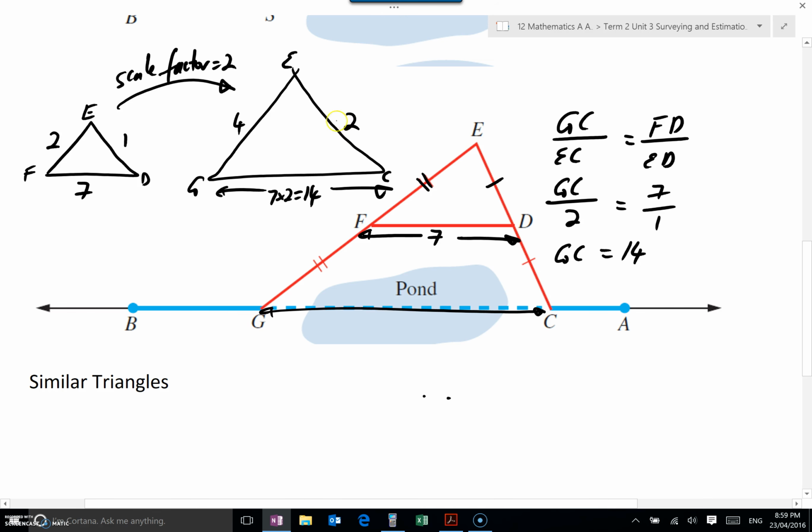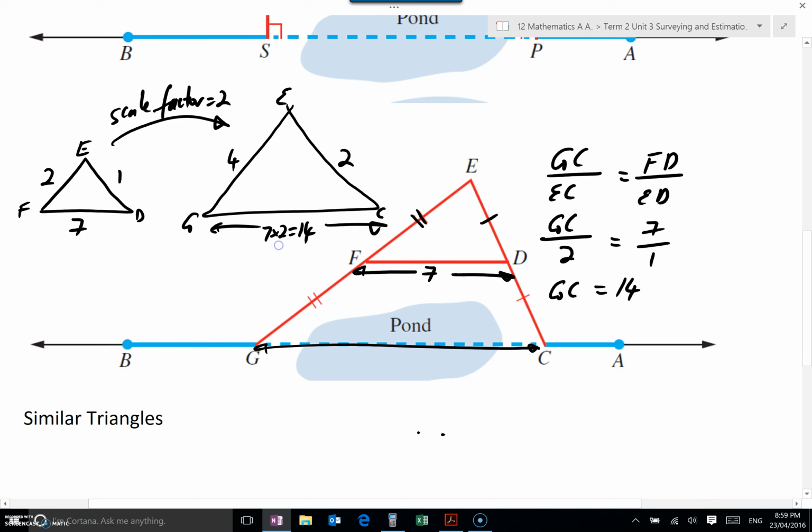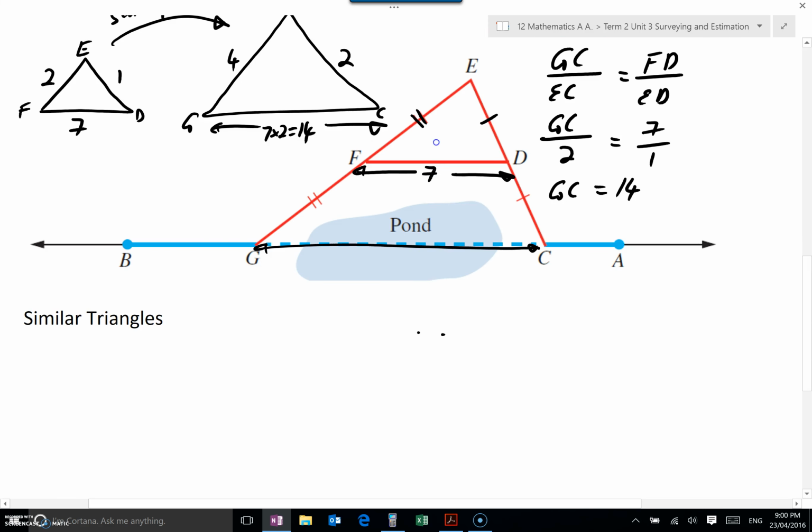If you showed that scale factor is 2, since EC on ED equals 2 and EG on EF equals 2, just to show that that actually is the scale factor of 2. But either way, for communication.